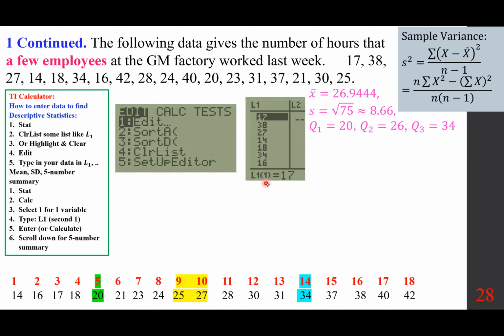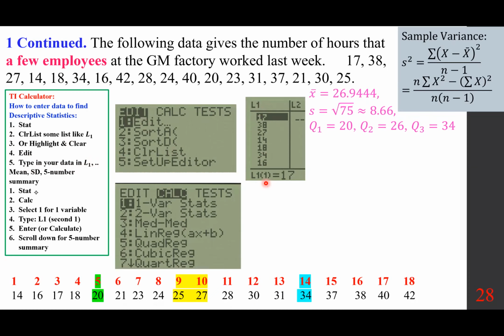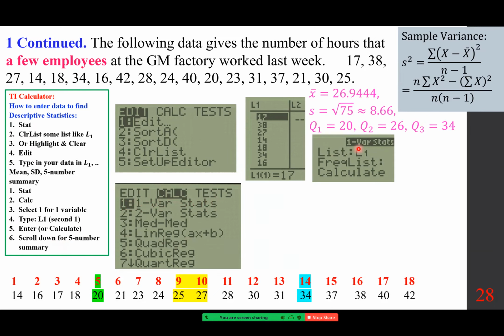You put in the numbers. Then again, stat, calc, select 1 for one variable, type L1, and then enter. This way you can see the result. So if you go to stat and calc and one variable stats, as if you're using a calculator, I'm showing you the step-by-step process.